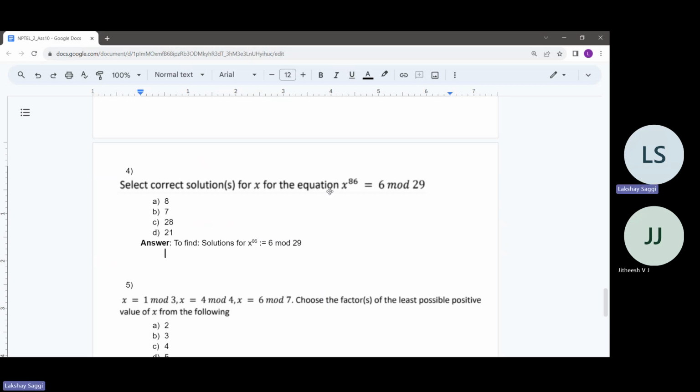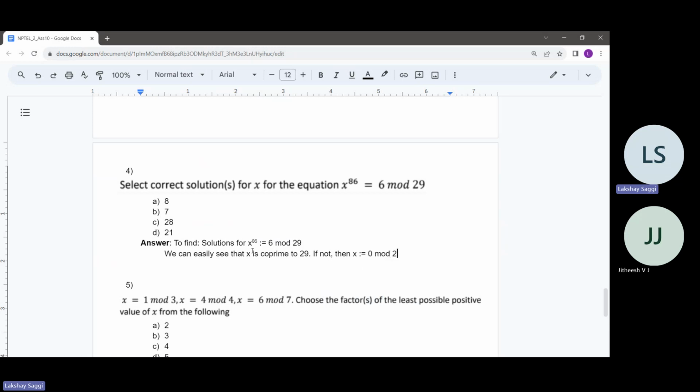We can easily see that x is co-prime to 29. And why is this the case? If not, then x is divisible by 29.